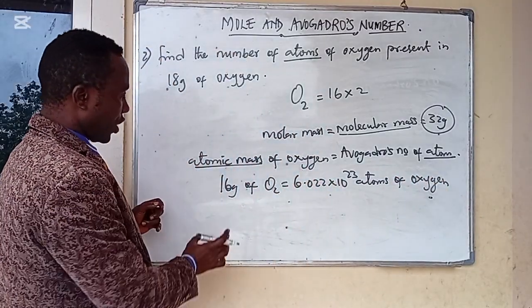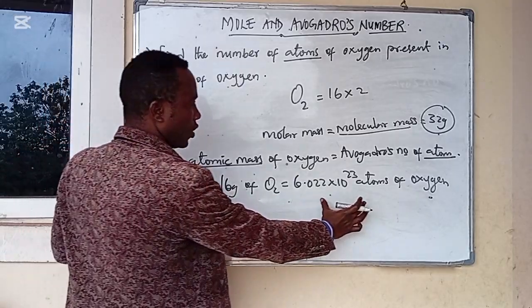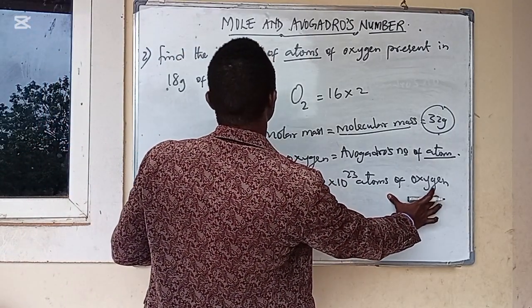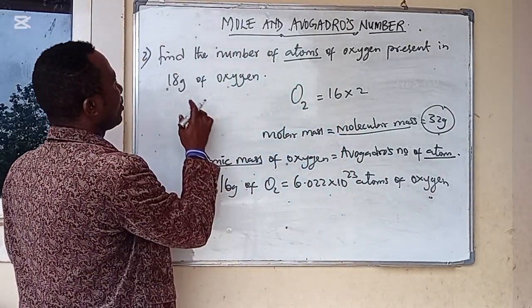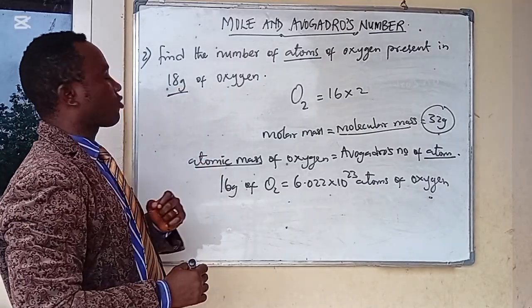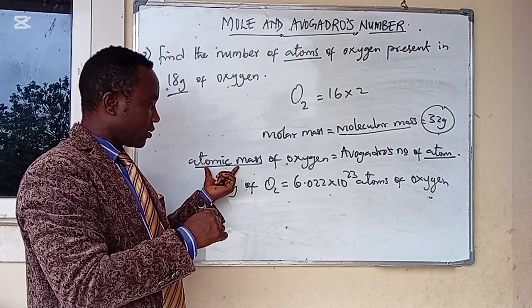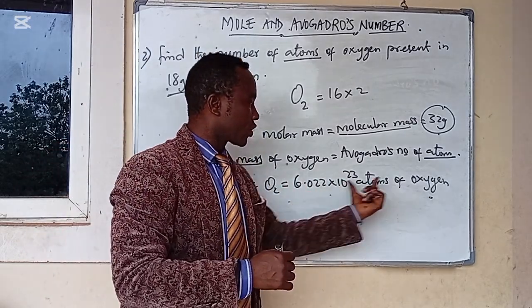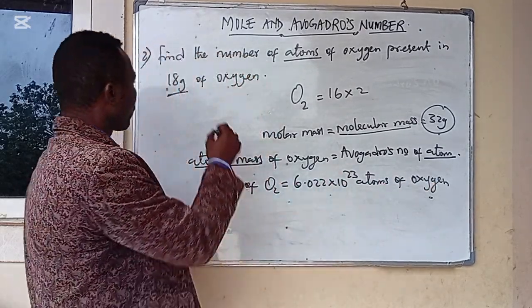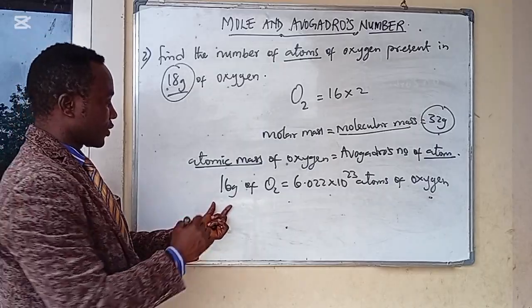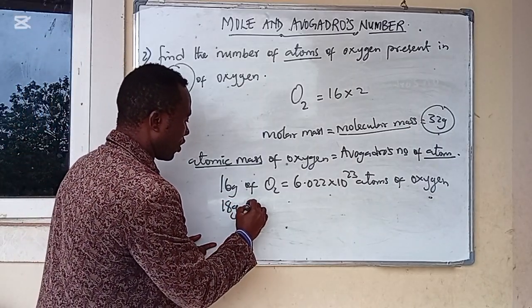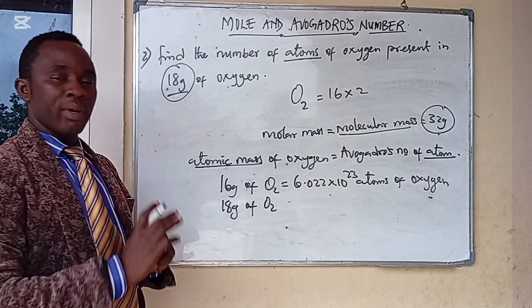Okay? So if 16 gram of oxygen will give you this number of atoms of oxygen, then the equation will now become 18 gram. How many atoms will it give you? 16 gram, which is the atomic mass, gives us Avogadro's number of atoms. From the question, 18 grams of oxygen, how many atoms will it give us?